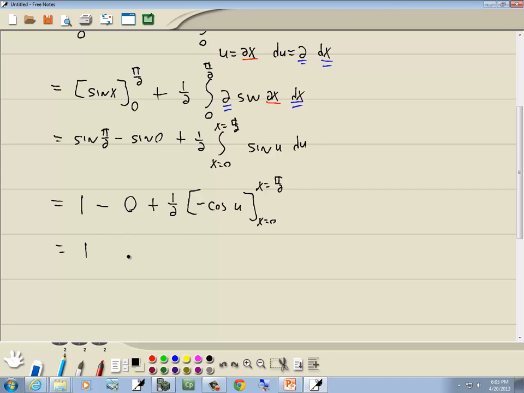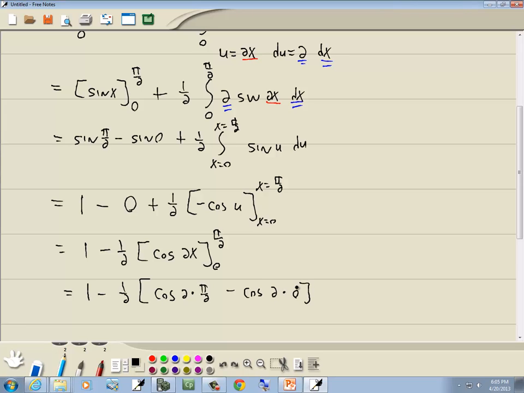That 0 drops away, so we've got 1 plus, or actually, I'm lying to you. That negative we can put out in front, so we've got 1 minus 1/2 cosine of u, and we'll plug our u back in now. Up above we said u is equal to 2x, so we've got cosine 2x from 0 to pi over 2. Plug those in, and we have cosine of 2 times pi over 2 minus cosine of 2 times 0.